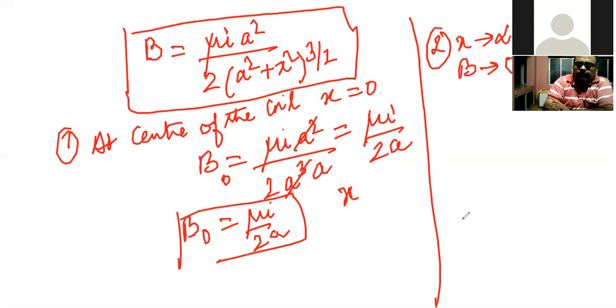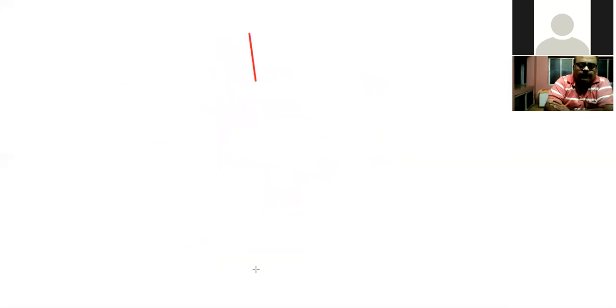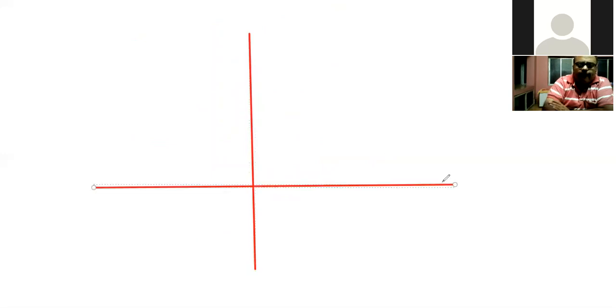So children, if I try to draw a graph to show the variation of this magnetic field with distance, how will it behave? Over here, this is your x axis, this is your B, and suppose this is your plus x and this is your minus x.